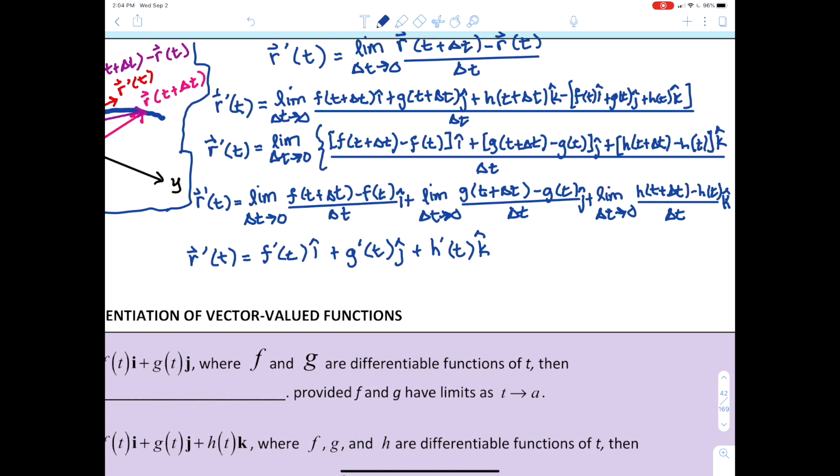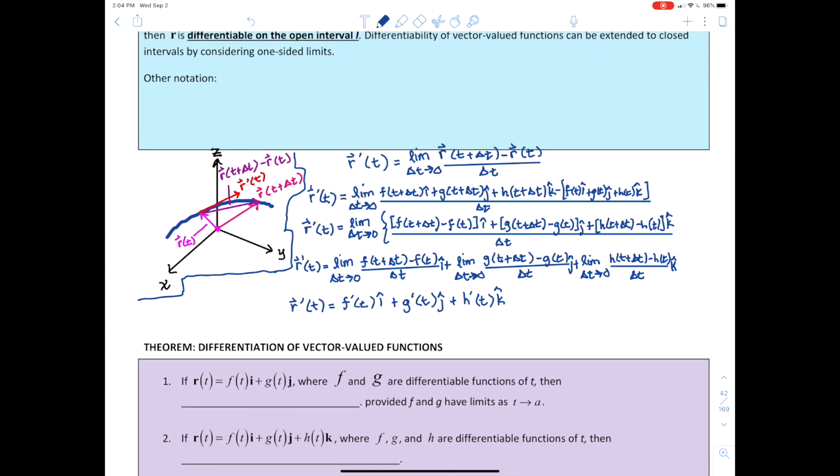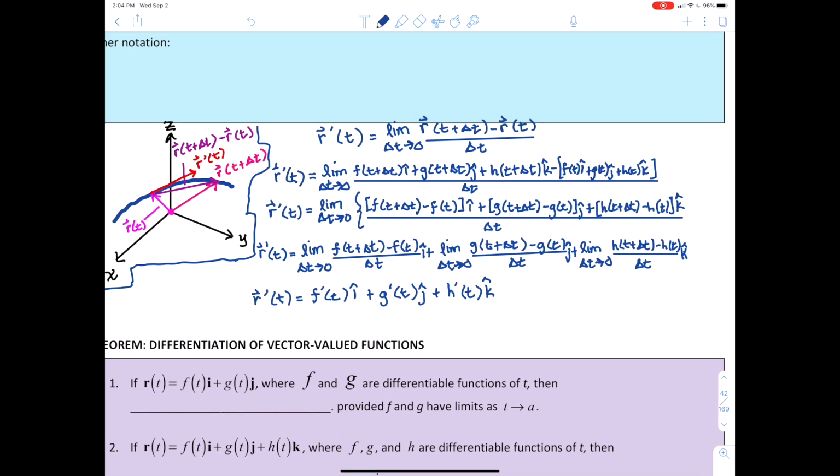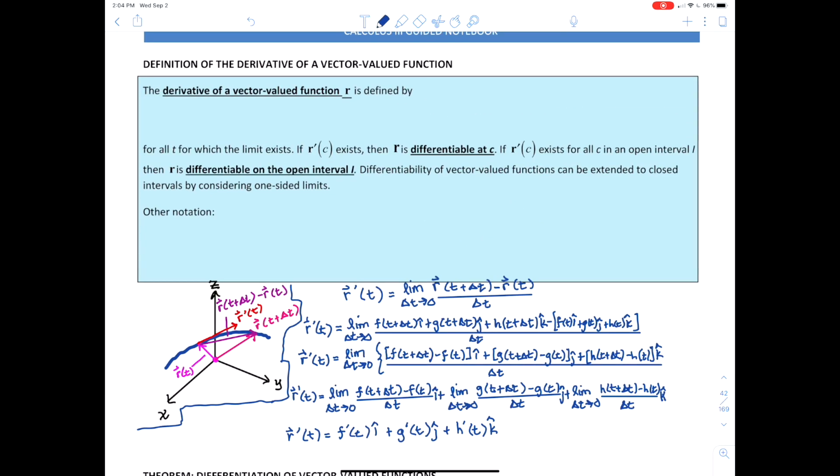So I did that one in 3D, okay? If you were doing this on the plane, of course you wouldn't have the k.